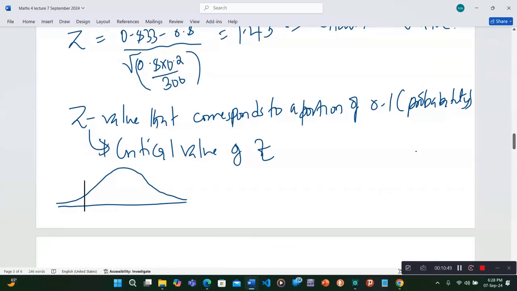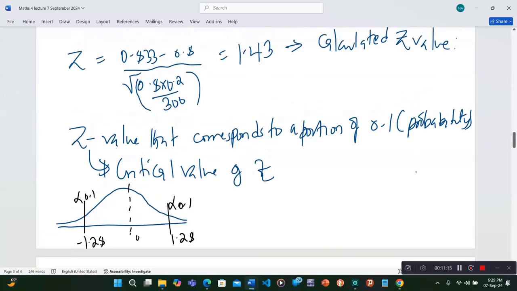We have the same values on both sides, but the sign is different. This is 0. We have alpha 0.1, and the value here is 1.28. So the rejection region is there.